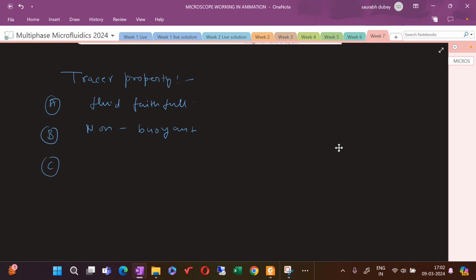Another is that it should have a fast response to the change in fluid velocity. These are the tracer properties that have to be considered when performing PIV experimentation.